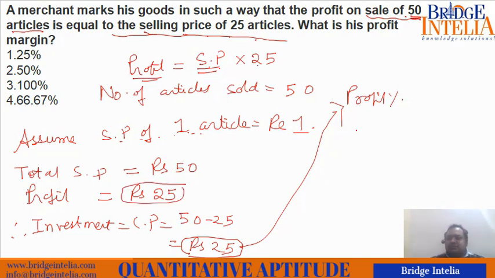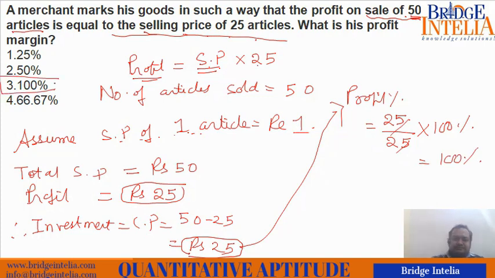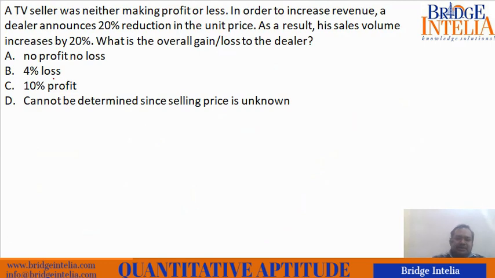So profit percentage can be calculated in this manner: earning rupees 25 because he has invested rupees 25. So this is his profit percentage, 100%. Let's move to the next one.